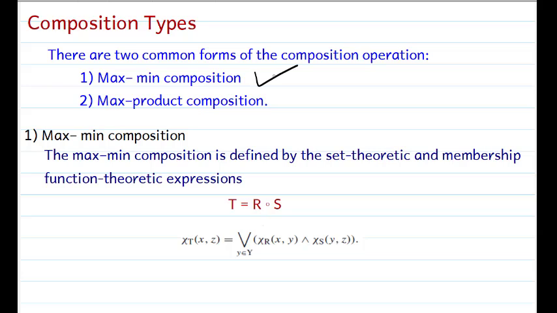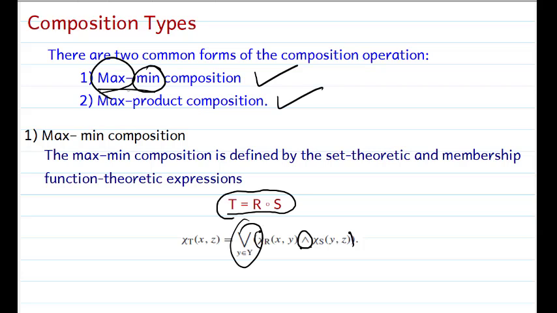One is the max-min composition, the other is the max-product composition. In the case of max-min composition, this is the symbol we use to express the composition, and this is the operation. First of all, we take the AND operation of the values of the elements, and then we take the OR. In the inner product we take this, which is why it is called max-min. First we take the min and then we take the max.